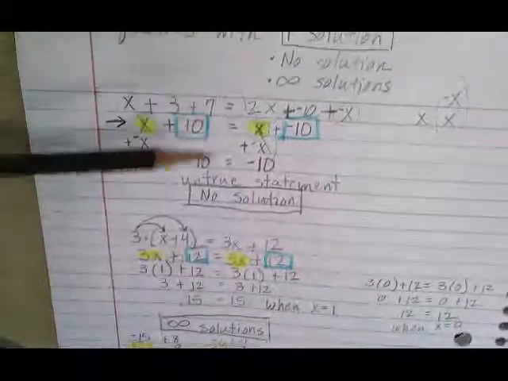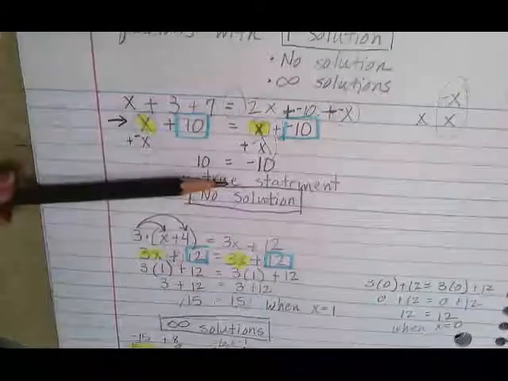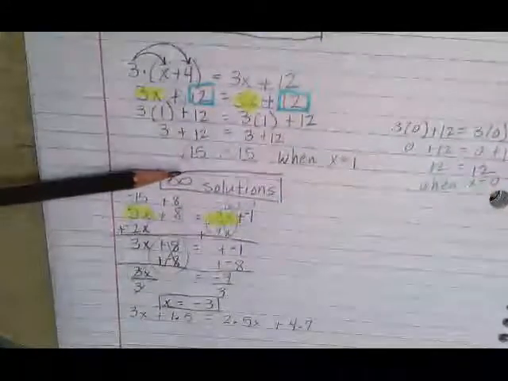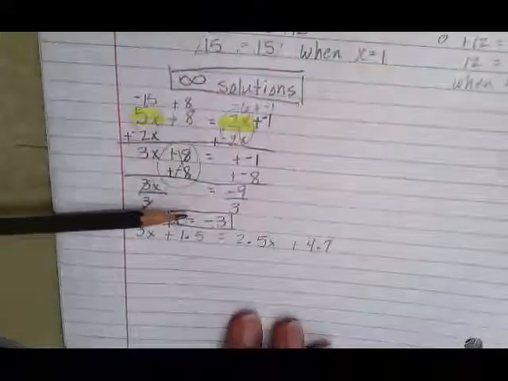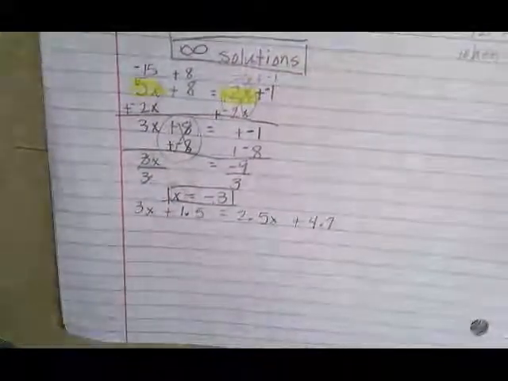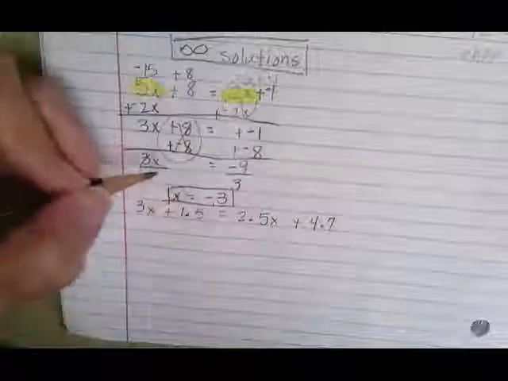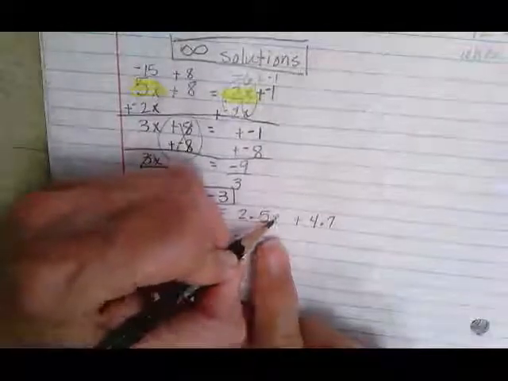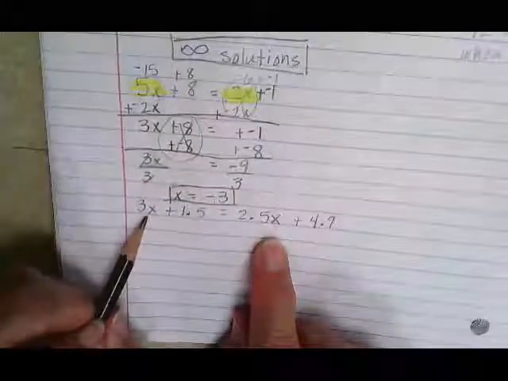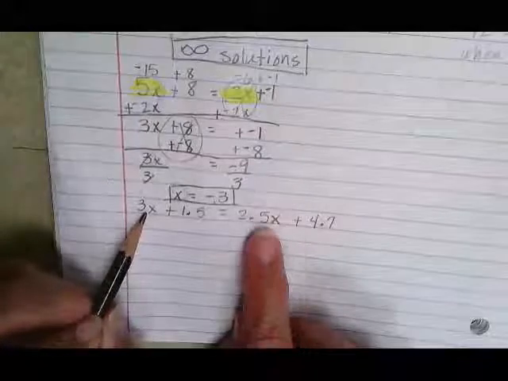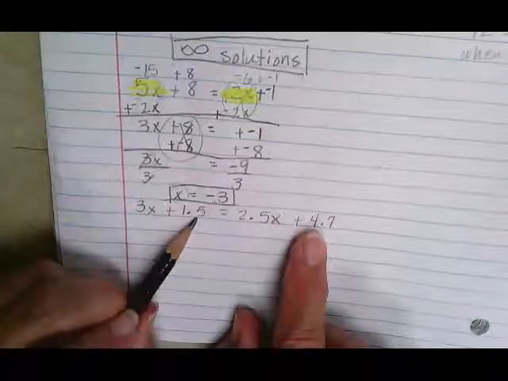So let's use what we've learned up here with no solutions, infinite number of solutions, and one solution to look at the last three problems. Here again, I have x's on both sides and I have numbers on both sides.